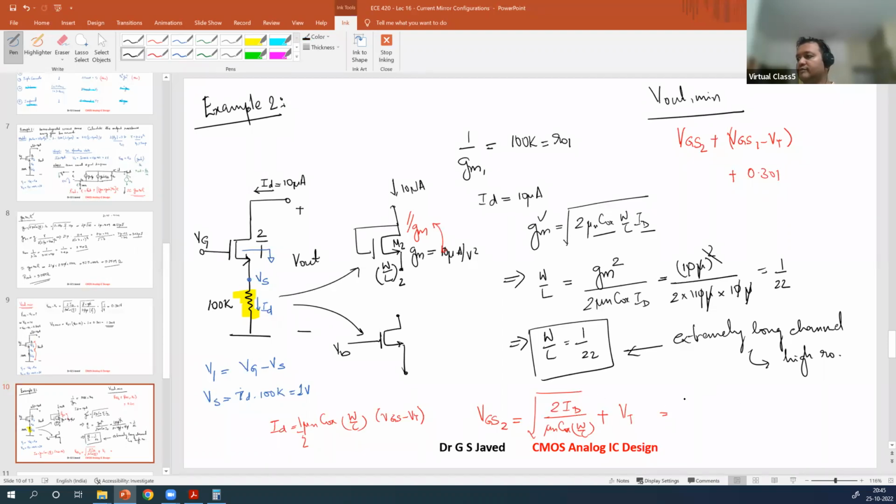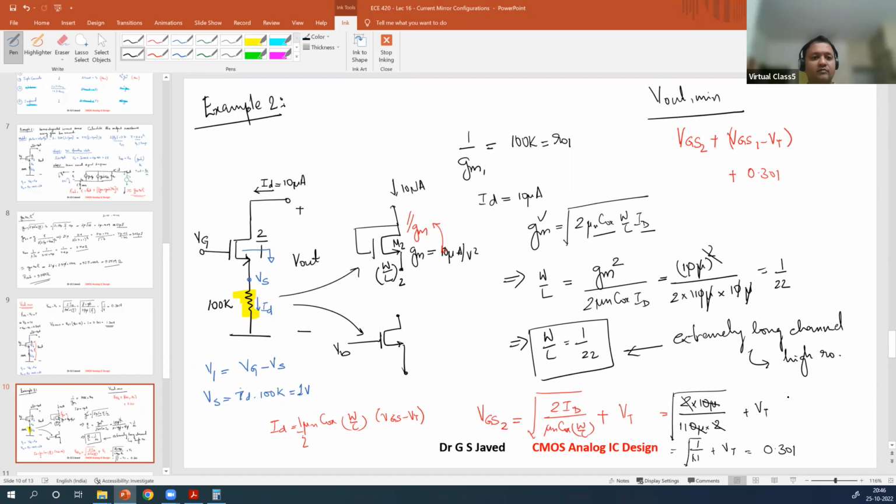So this is 2 into 10 micro over 110 micro times 2, under root, plus Vt. So this is given as 1 over 11 plus Vt. So 1 over 11 is 0.301.